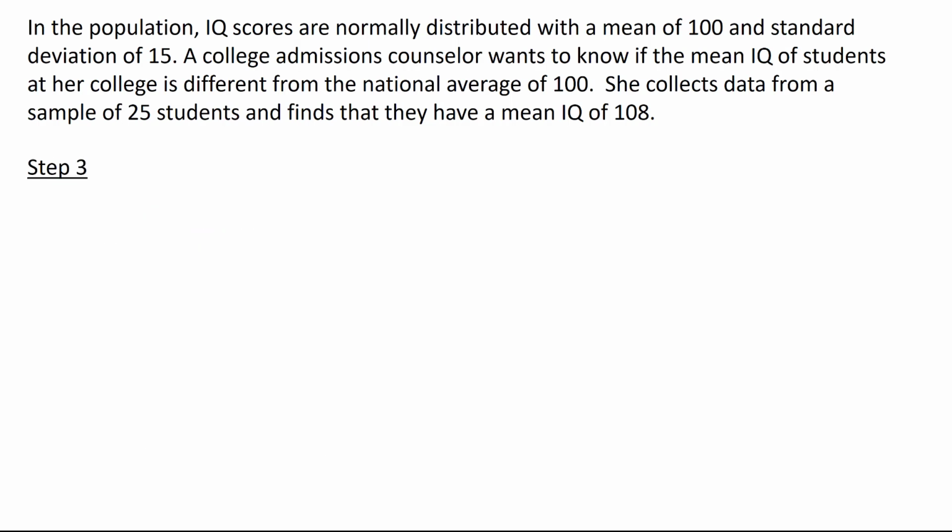In step 3, we determine the p-value by constructing a z-distribution and finding the area more extreme than the test statistic that we just computed in the direction of the alternative hypothesis. Recall that we just computed a z-test statistic of 2.667, and our alternative hypothesis was two-tailed.